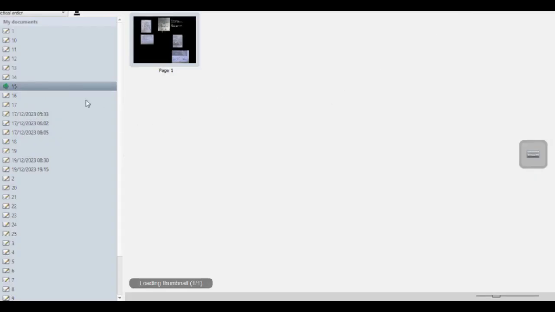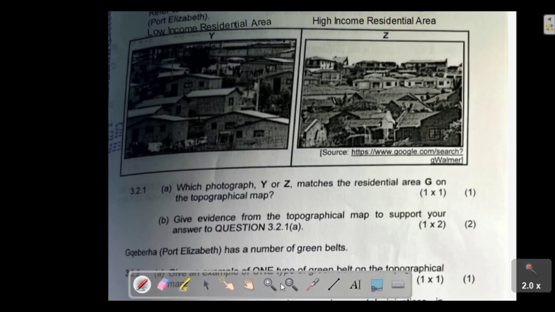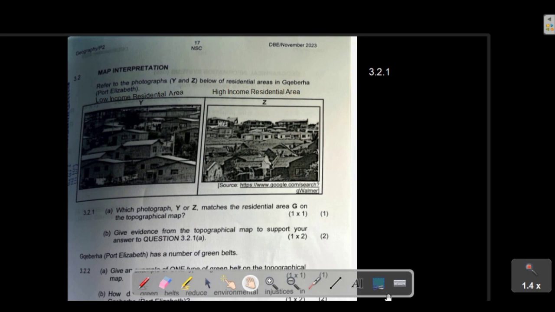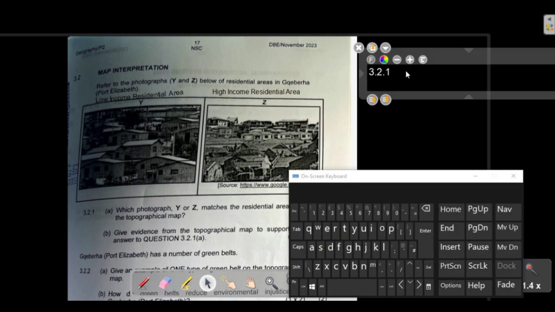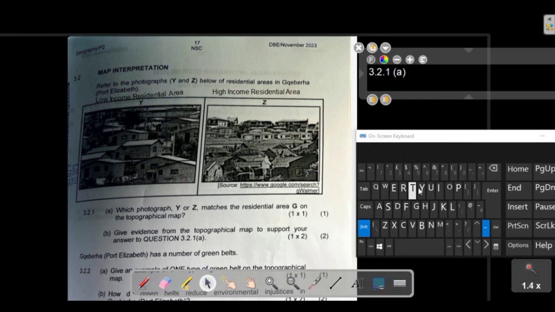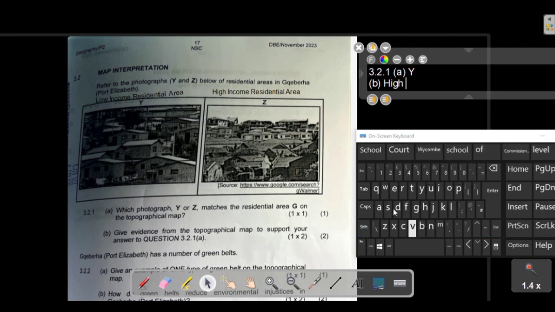That's what we're going to write down. For A, that is 3.2.1A, our answer there is that it matches Y. And then for B, for reasoning, we're going to say, according to the map, it is a high density area.